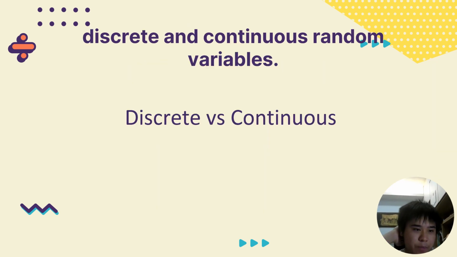Okay. Now, one of the most important concepts of this unit is you need to be able to decipher discrete and continuous variables. This is the one I struggled with the most when I first studied this unit. Discrete and continuous variables are two types of quantitative variables.